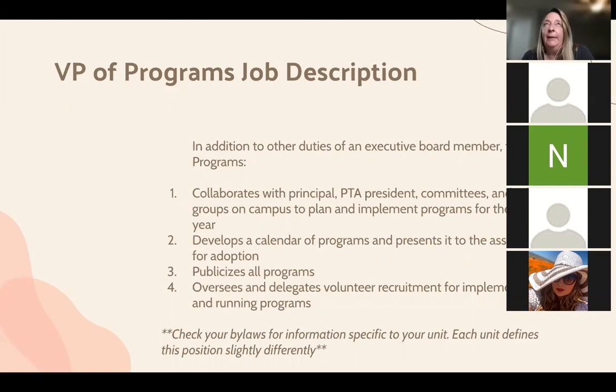This could be anything from assemblies. A lot of units are very specific, and the VP of programs, that is their job, assemblies, finding assemblies, working with the principal to calendar, which is number 2 on here, to calendar these assemblies.